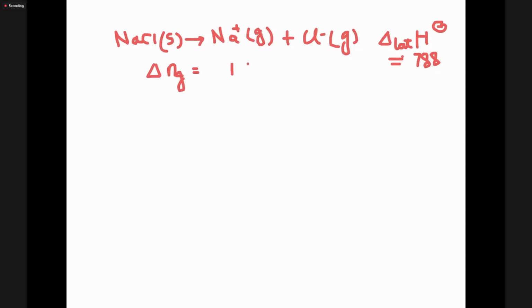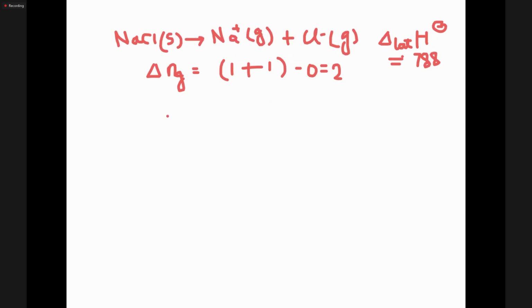So delta Ng here will be equal to 1 plus 1 minus 0, which is 2. So delta Ng is equal to 2. So the internal energy is smaller by only 2 RT, and it is equal to 783 kilojoules per mole.